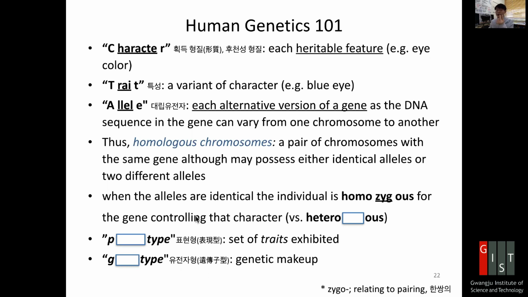If they are not identical, we call it heterozygous. Traits such as blue eyes, which we can see, are called the phenotype. However, the genetic makeup can be different, and that is the genotype.